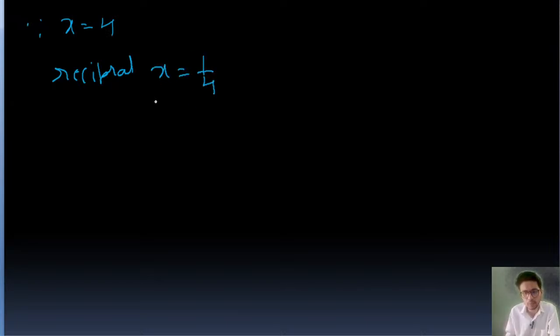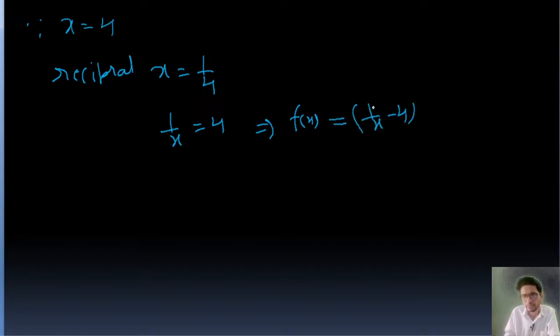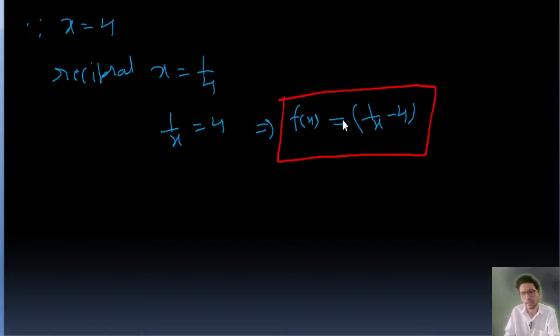Or we can write 1 upon x equal to 4. That implies the f(x) is going to be 1 upon x minus 4. This is an important step, guys. You need to note it down, because we need this function first. If you know this, then we can easily solve this question.